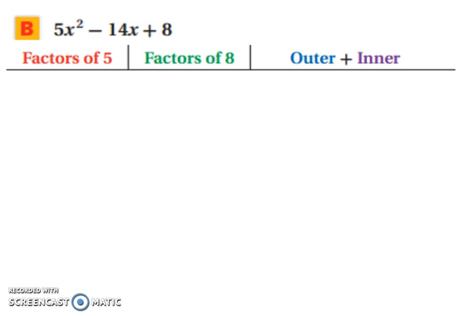Now let's try writing an example out from beginning to end. So we have our factors of a, our factors of c, and then the outer plus the inner must equal negative 14. I will often even write it has to equal negative 14 here. Alright, so factors of 5. Well, we only have 1 and 5 that we can worry about. However, there are a few different factors of 8.